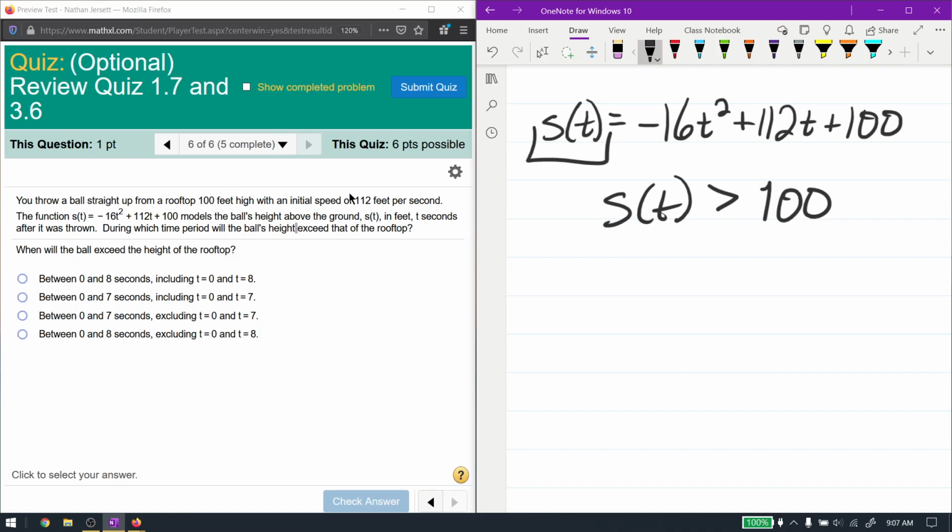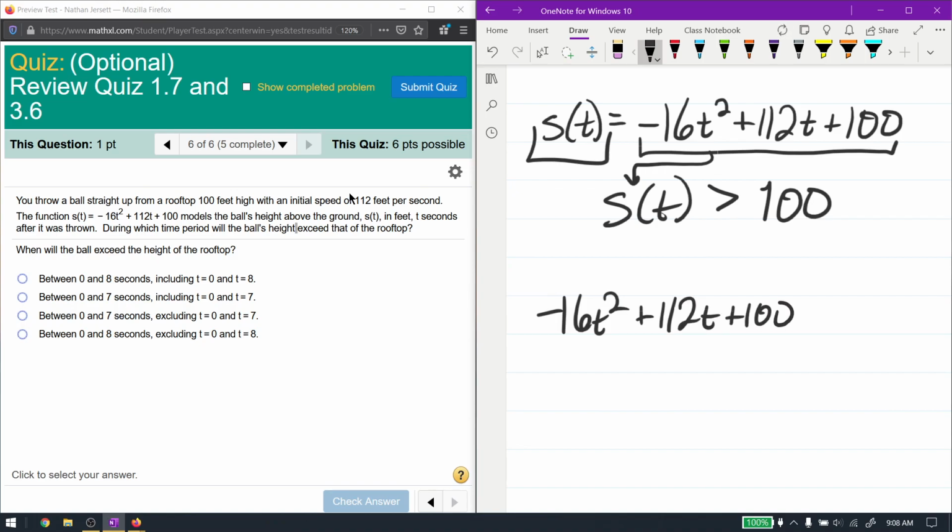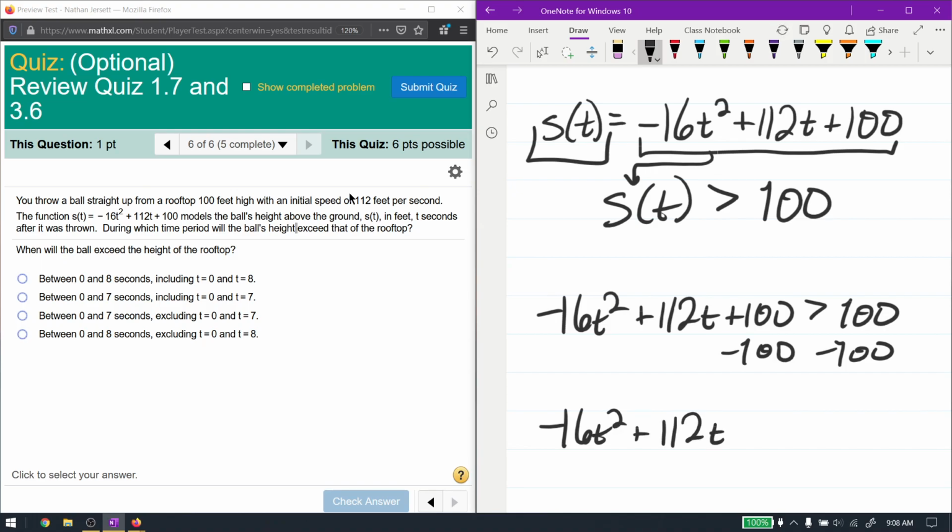In other words, we just plug that into our s of t there. -16t squared plus 112t plus 100 greater than 100. I can subtract 100 to get 0 on the right: -16t squared plus 112t greater than 0.